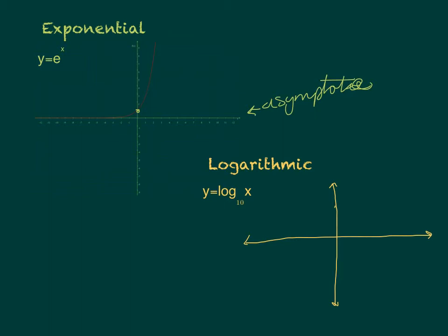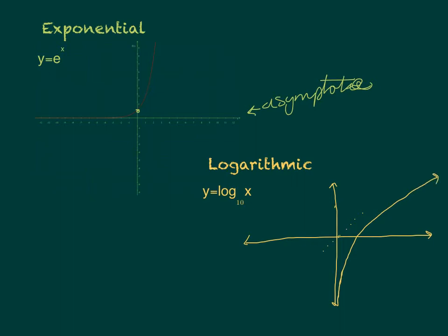Now, we already studied that the inverse of an exponential function is a logarithmic function, so that means it's just the opposite. So it's going to flip over the line y equals x. So instead of it being like that, we're going to approach our y-axis, and then we're going to go up forever.